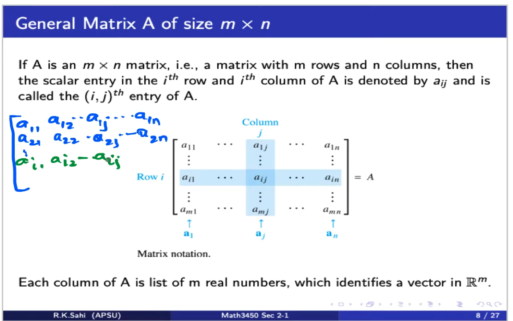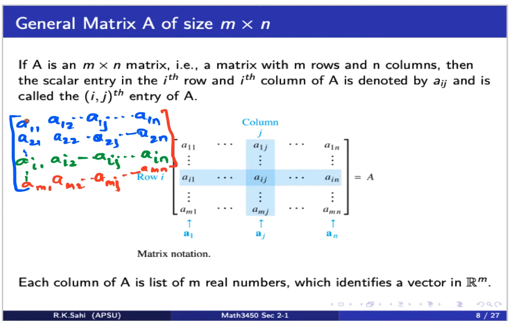Aij is very important, because we'll represent the whole matrix by that. Later on, I will show you. Then Ain, and it has m rows. So the last row is Am1, Am2, then Amj, and Amn.